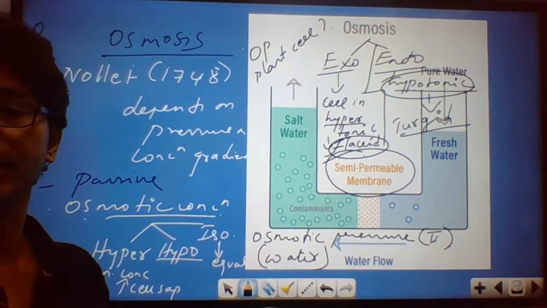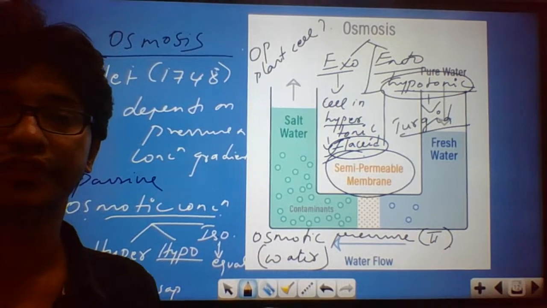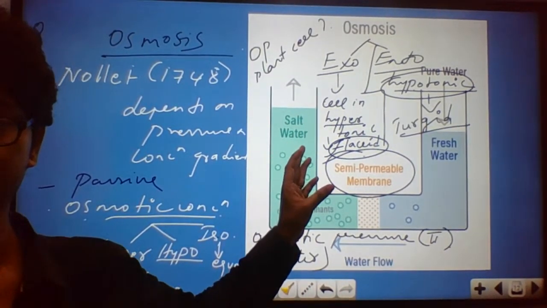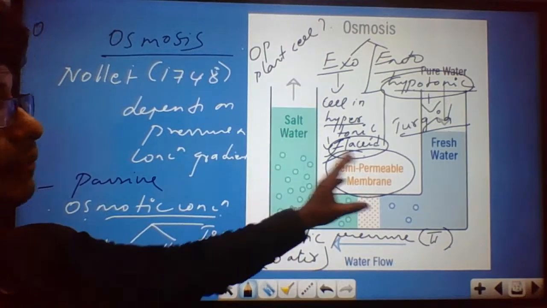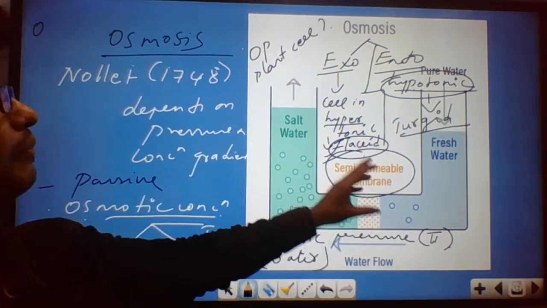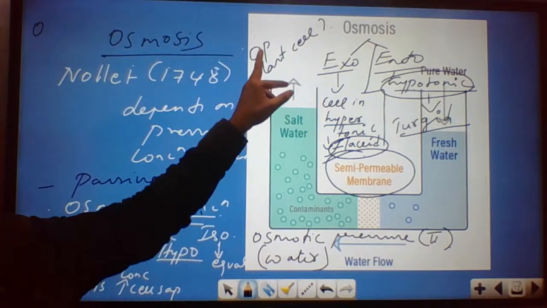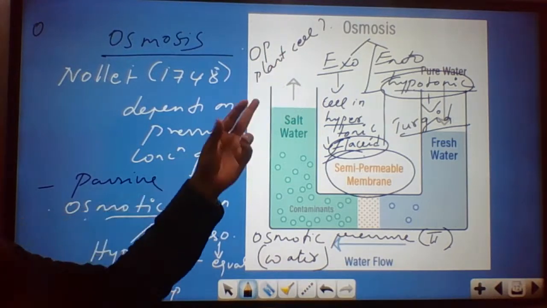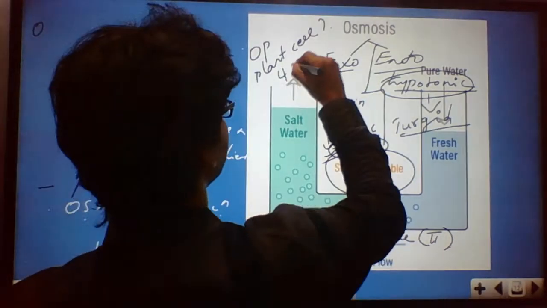Coming to osmosis, the questions they usually ask are principle-based. You may get a question on the semi-permeable membrane, or they may ask about the osmotic pressure of a plant cell. The osmotic pressure of the plant cell ranges from 4 to 5 atmospheric pressure.